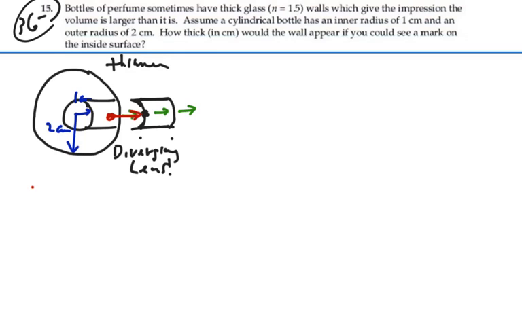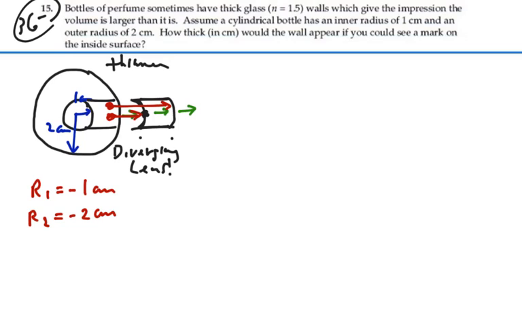So our radius 1 is going to equal a negative 1 centimeter. Our second radius of curvature is going to have a center of curvature located on the left-hand side, not on the side of the outgoing rays. So that radius will also be negative. That will be a negative 2 centimeters.